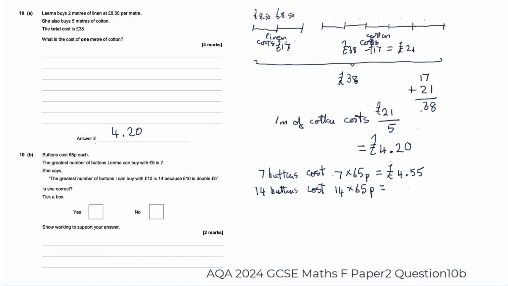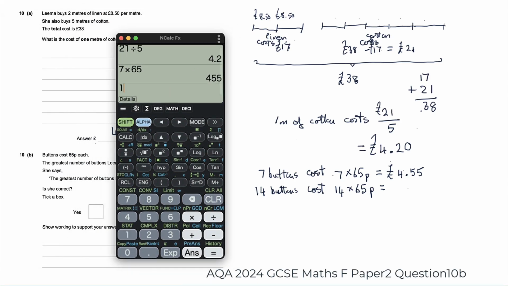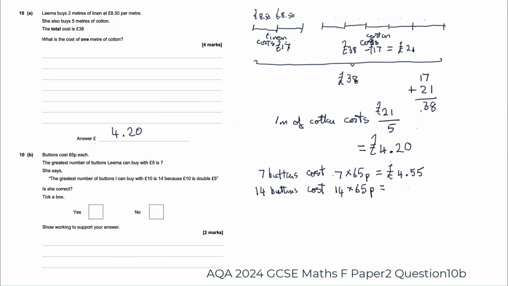Let's just do the 14. So it's 14 times 65 this time. And that comes to £9.10.